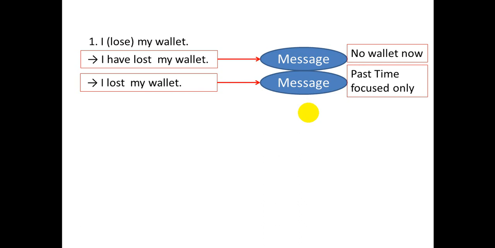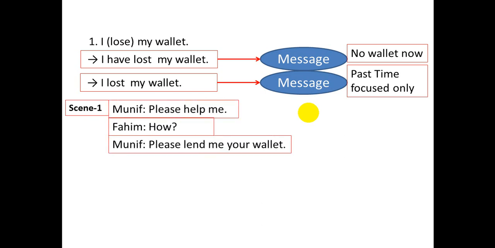Let's look at scene 1, where you will find Munif and Fahim engaged in talking to each other. Munif is asking for a wallet, and Fahim's result is I have lost my wallet. That means Fahim wants to mean that he has no wallet right now, as he has lost it.